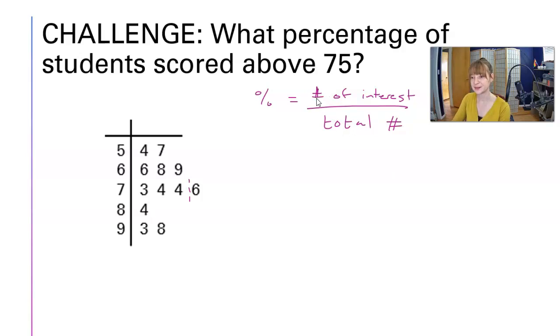So we already have the number of interest. We know that's 4. 4 on the top. Now we just need the total number on the bottom. So we count them. 1, 2, 3, 4, 5, 6, 7, 8, 9, 10, 11, 12. 12 total data points. So if we reduce this, that'll be 1/3, which is 33.3%.